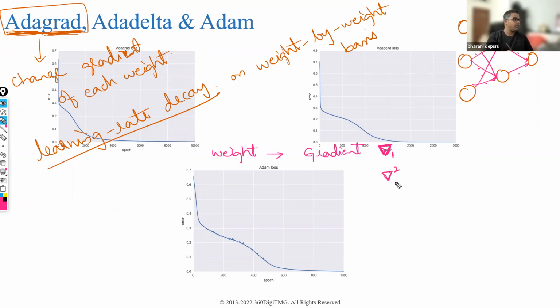Meaning, if this is the gradient at step 1, then you'll have a gradient at step 2 also. Then at this step, you take this also and add it. So you add the gradients. At step 3 also you'll have a gradient. You square it.